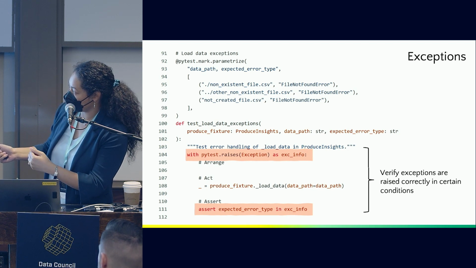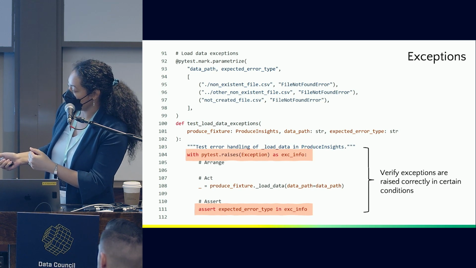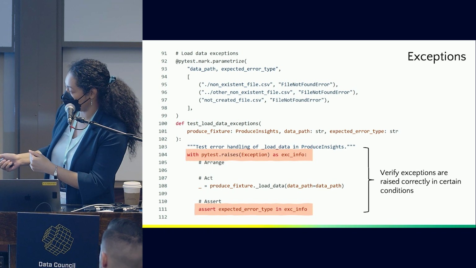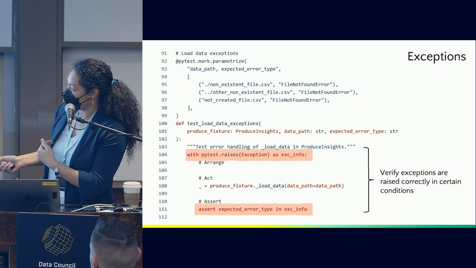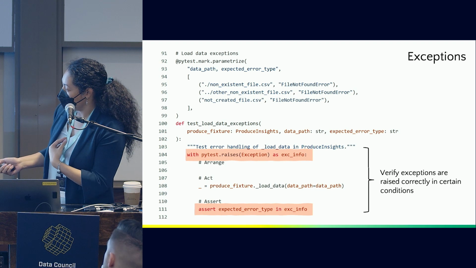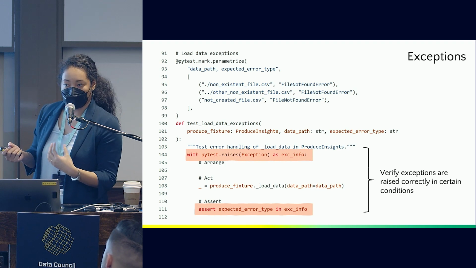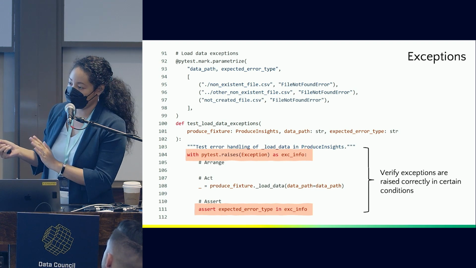So the first time this test is run, this non-existent file .csv is passed in. Once that's done, the way that this is formatted is such that when an error is thrown, we collect what error type that is, and we're going to compare that against the expected error type. There may be different ways that you want to actually test exceptions, but this is just a simple way.